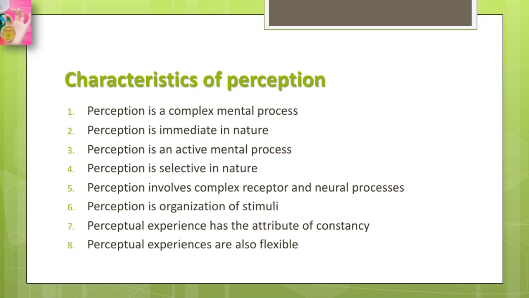Then the second one is that perception is immediate in nature. Now, perception in fact is itself not a knowledge about the object, but it is a mental process of acquiring knowledge about the object in the environment, which is present here and now. In this process, the sensory input to the cortex is interpreted, and sensory input is raw, undigested information about the stimulus.